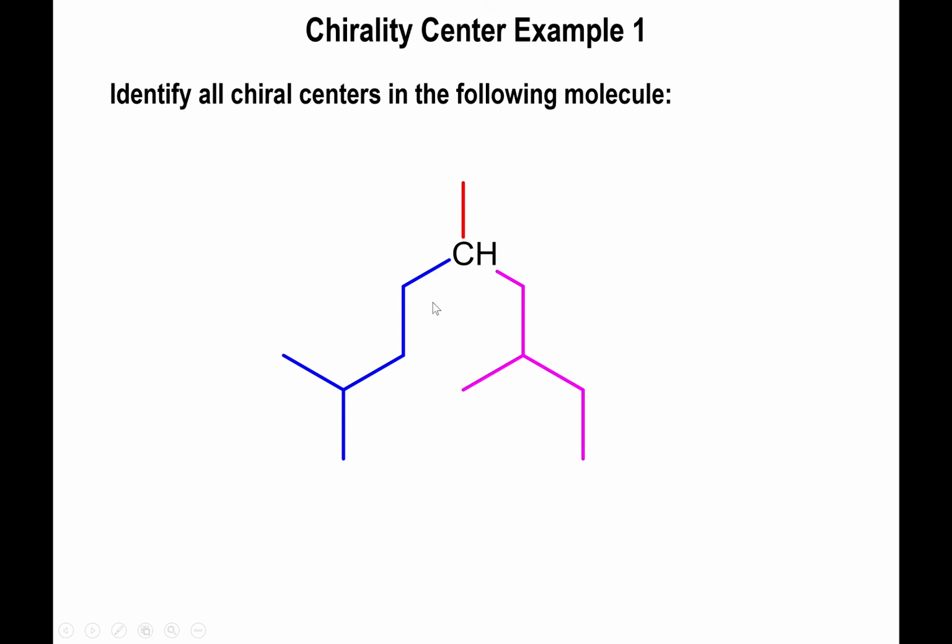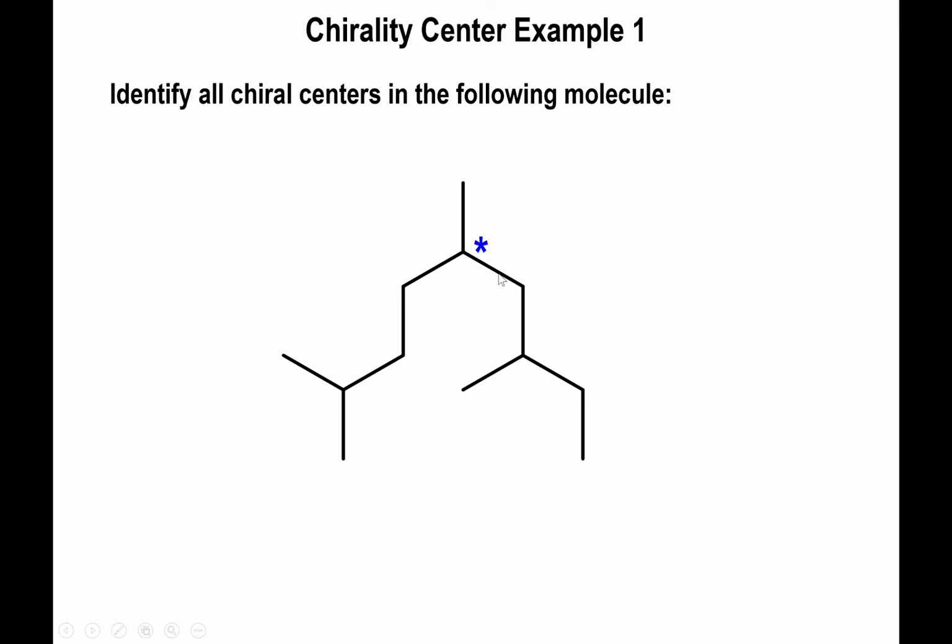But if we look even more carefully, that's a CH2, this is a CH2, that's a CH2, that's a CH. Right then and there we see these segments, the big segments, are actually different. So altogether you have a methyl group, a blue segment, a pink segment, and a hydrogen bound to the same carbon, and all of them are different, so you found yourself a chiral center.